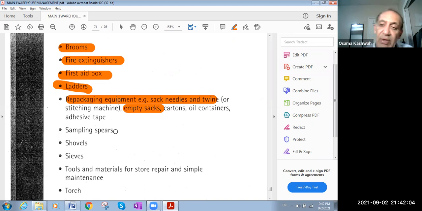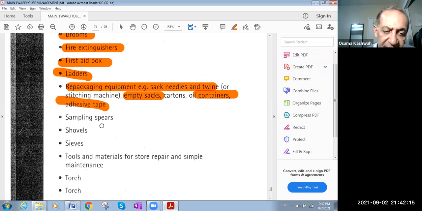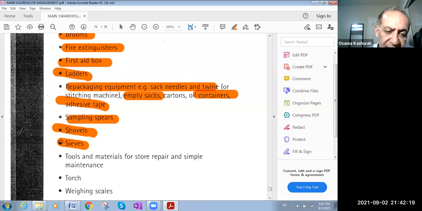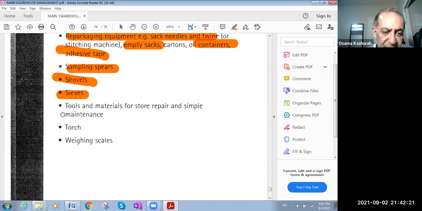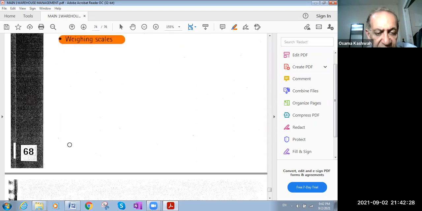You remember when we talked about the sack being put inside the bags itself. So we must also have bags and containers, oil containers, and adhesive tape. We have sampling spears, shovels, sieves. All this must be there. Also, to look for the insects, we must have torches, and we must have weighing scales as well.